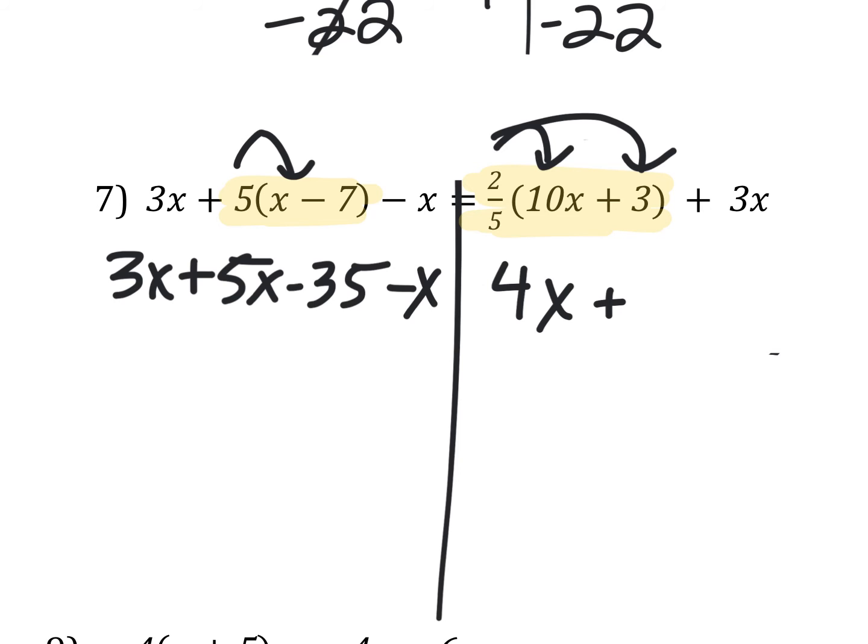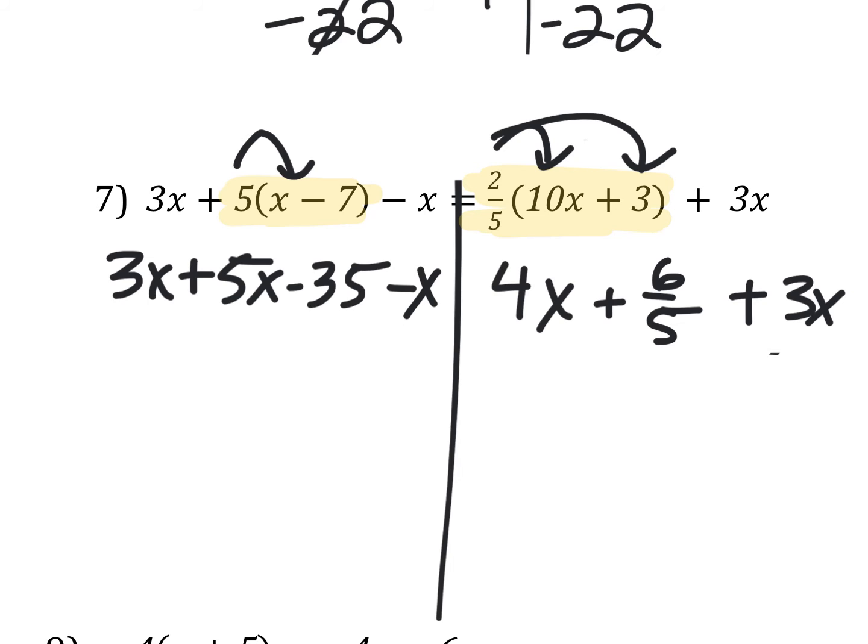Okay, so that's going to be either 6 over 5, which is what I prefer. I've shown you how to do that in your calculator. You would do 2 divided by 5 times 3, hit math, fraction. It gives you a fraction. That's my preference. And then the plus 3x is just sitting out to the side.